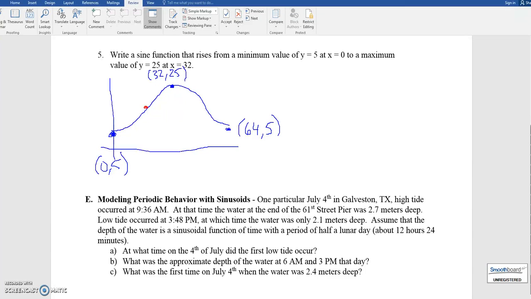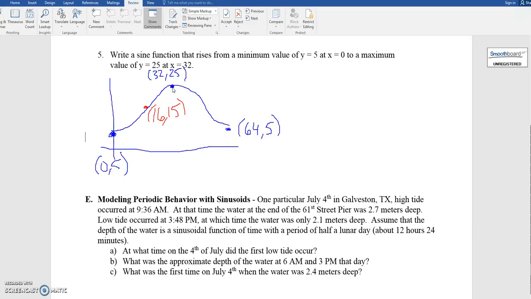That's the point that is halfway between a minimum and a maximum. On the original sine function, that is (0, 0). So I think that's important to note. And we can think through the symmetry of what we see here. It's got to be halfway between (0, 5) and (32, 25). So the coordinates there would have to be 16, right? Right in between 0 and 32. And halfway between 5 and 25 would be 15. So I know what that point is.